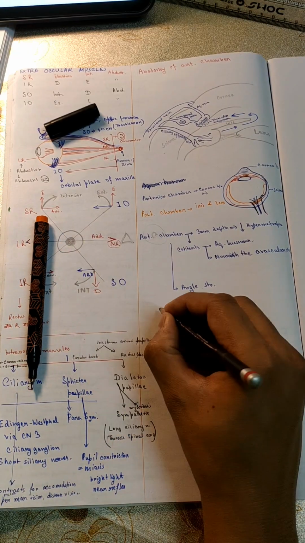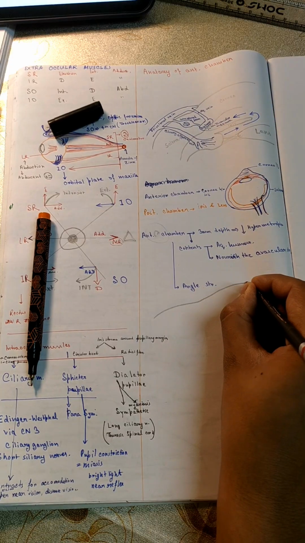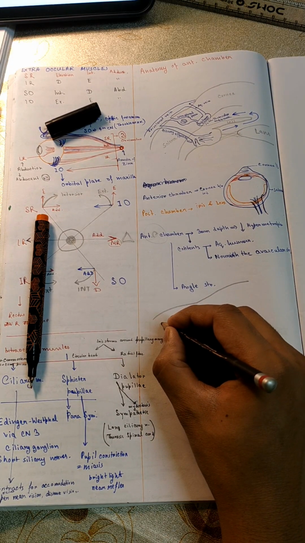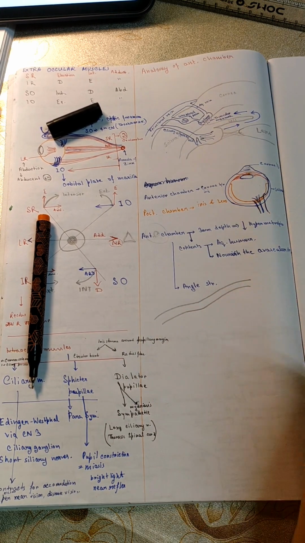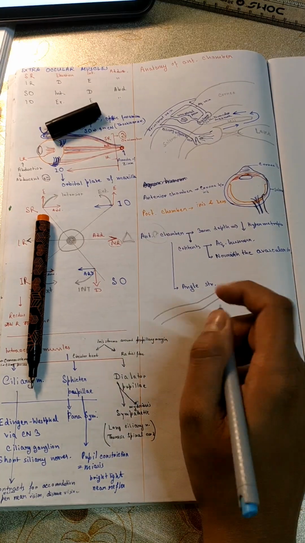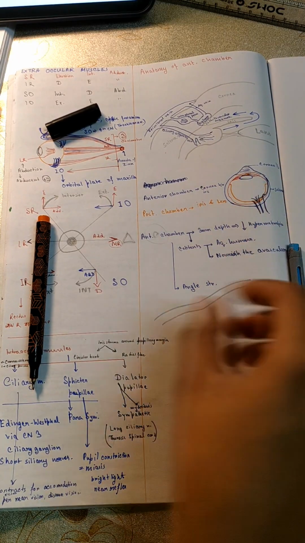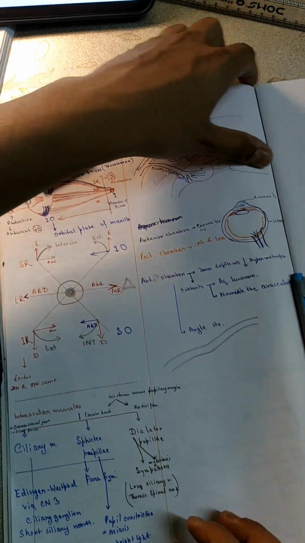If I have to make the picture, this is my cornea. The cornea comes like this and this. Now after that, what I have is the red part, where is the red pen?